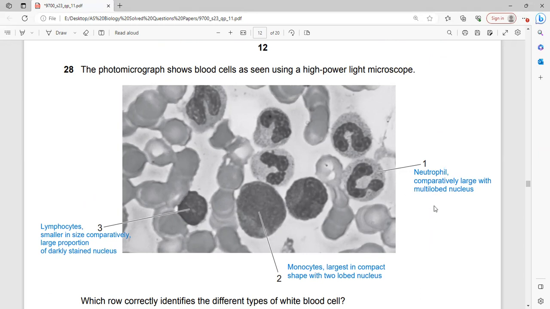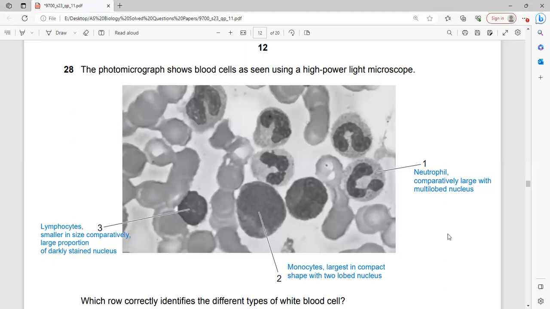So that is a neutrophil. Second, there is a compact structure. The monocyte is the largest with a compact structure. What about the phagocyte? They have no specific shape, while this one has a specific compact shape. And it has a large two-lobed nucleus, so that is a monocyte.